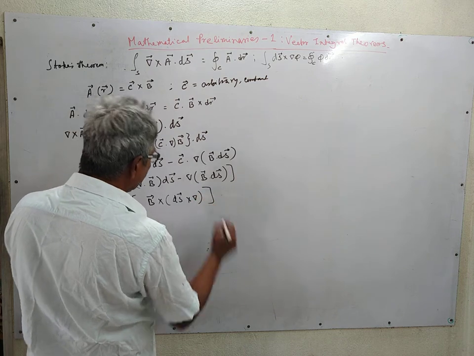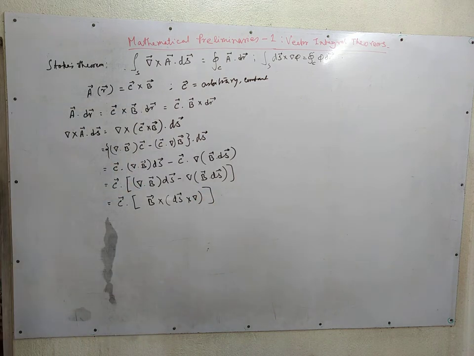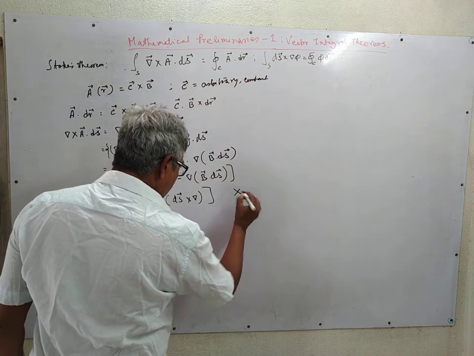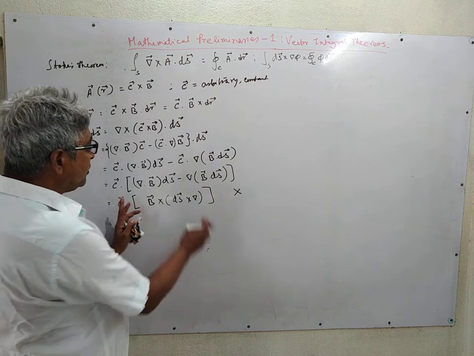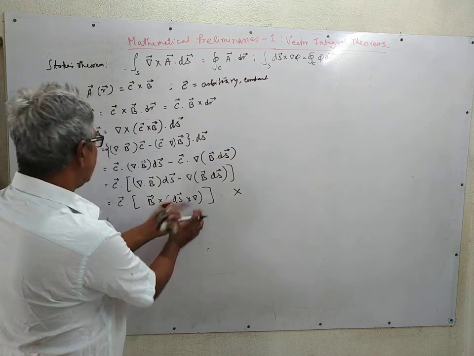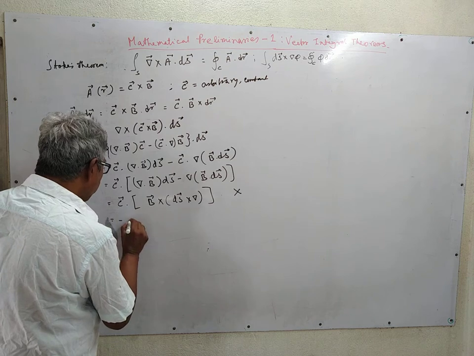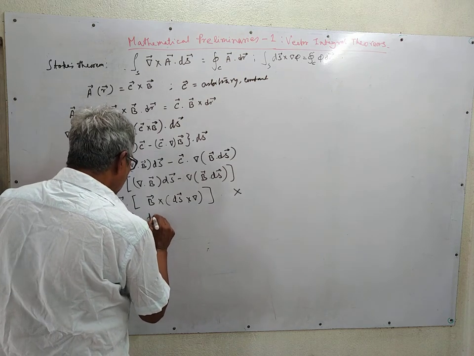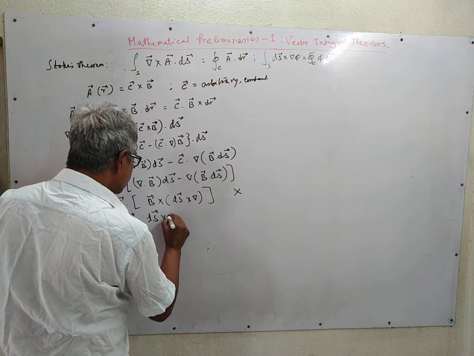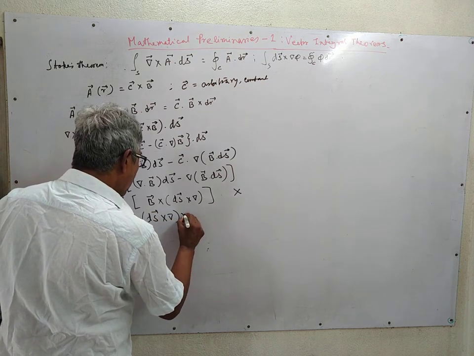This is not a valid result because nabla has to operate on B. So what should we do? We interchange this and this. So we write minus C dot ds cross nabla operating on B.